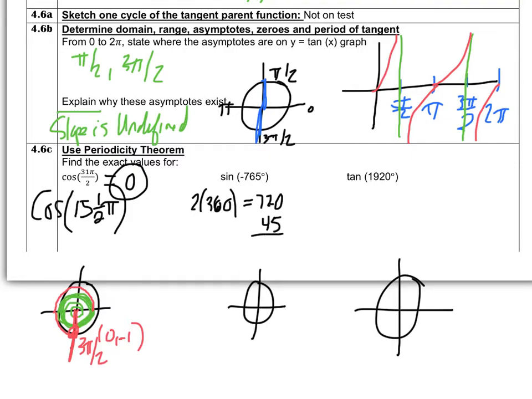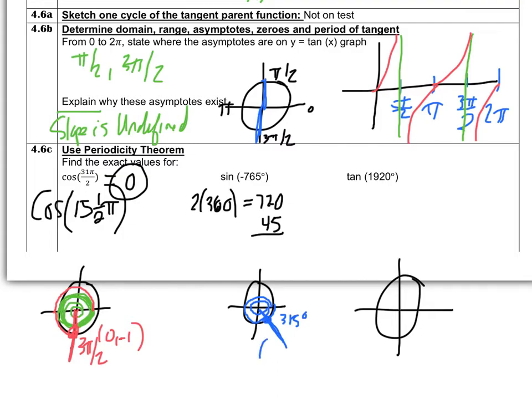That'll give me the total. But be careful, I have to go backwards. So let's sketch this. I'm going to go a negative 360, another one which is a negative 720, and then I have to move negative 45 degrees. So I actually land right here, and that's at 315 degrees.